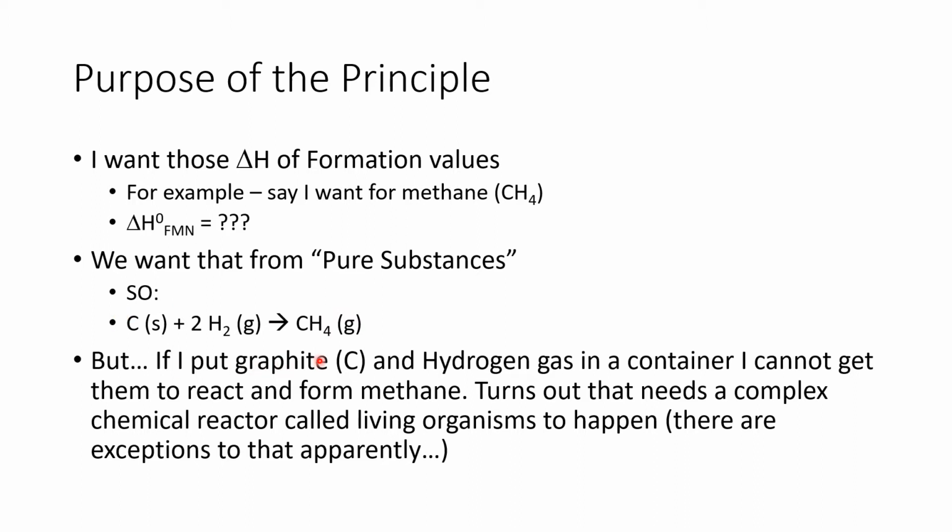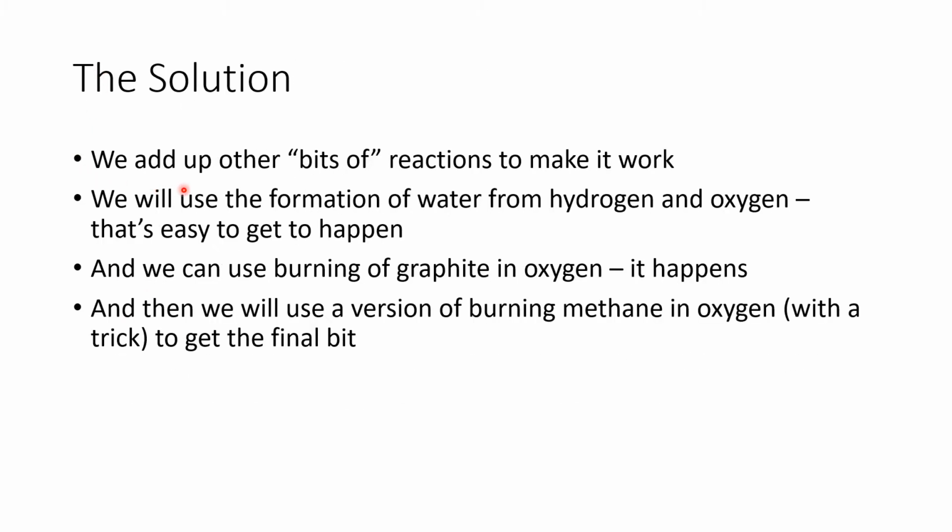So the point of Hess's principle, Hess's law, is we can sum these up from other bits of information. So we're going to add up bits of other reactions to make this one. So we're going to use the formation of water from hydrogen and oxygen, because if you put hydrogen in your bomb calorimeter and burn it in oxygen, you get water.